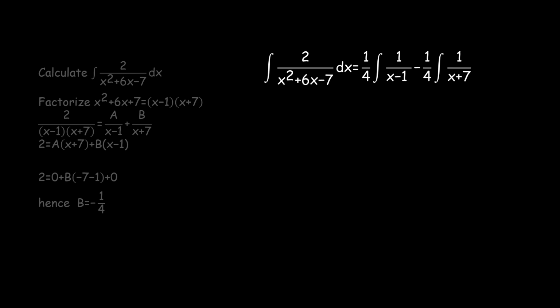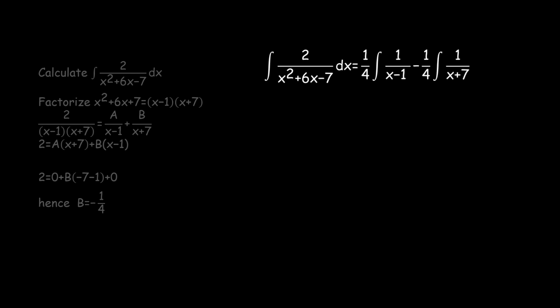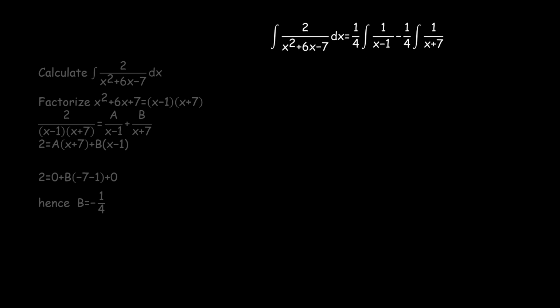Okay, we can now substitute this into our original equation as partial fractions. So this will be the integral of 1/4 times 1 over x minus 1 minus 1/4 times 1 over x plus 7. So we substitute the denominators for u. Okay, if we let u be equal to x minus 1, du by dx is just 1, and then the integral will be natural log of x minus 1.